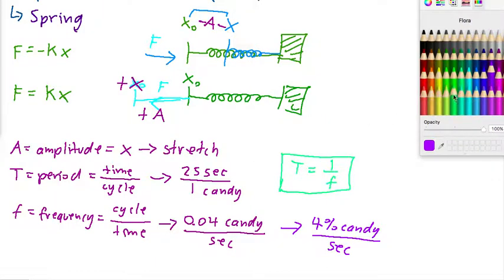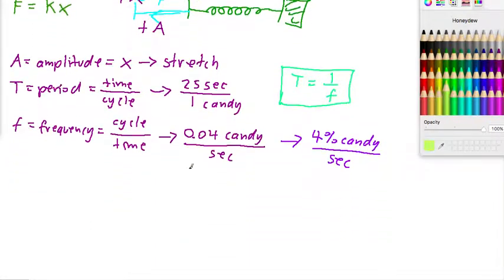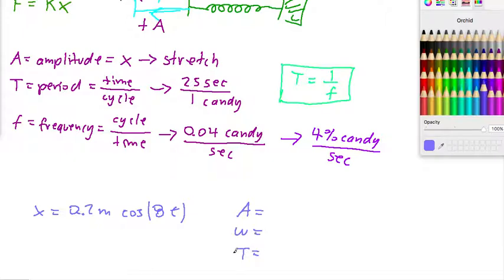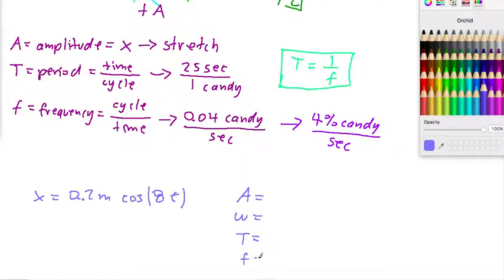In the next video, we're going to be talking about how formulas that are given, such as x equals 0.2 meters cosine 8t, can be used to find the amplitude, the angular velocity, the period, and the frequency as well.